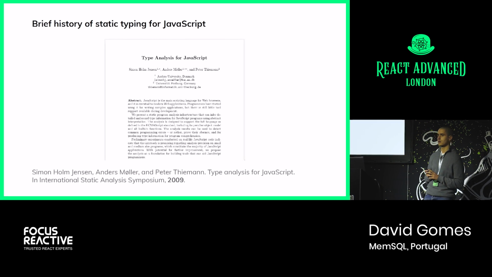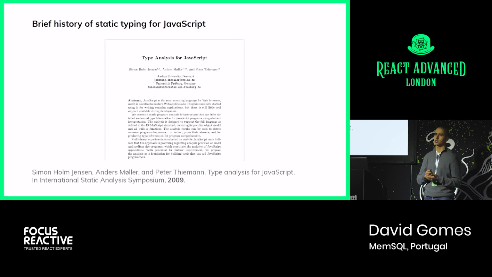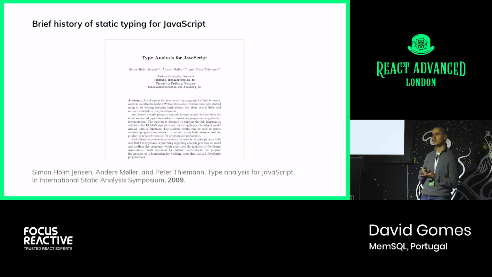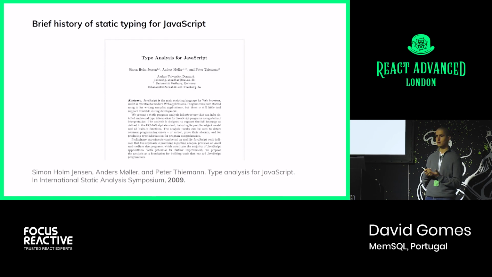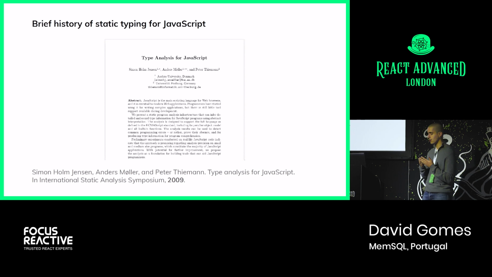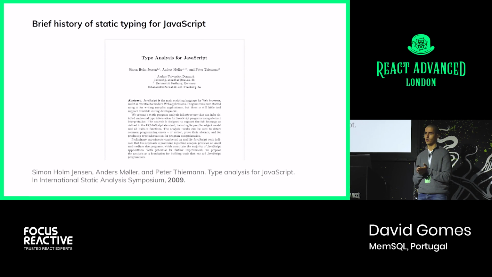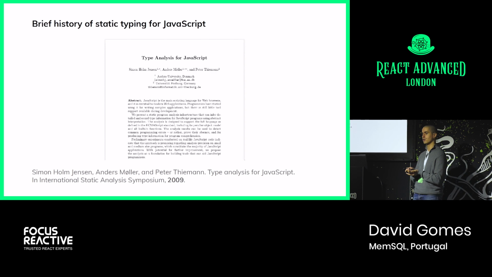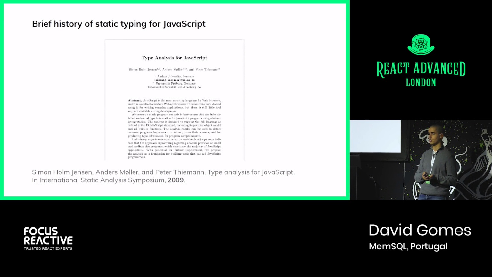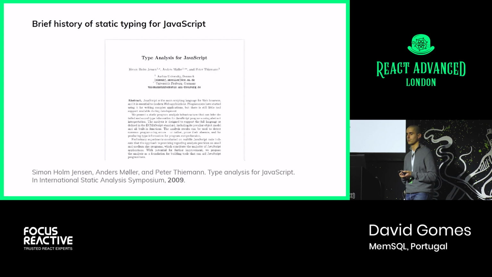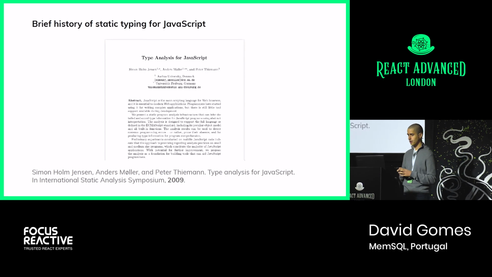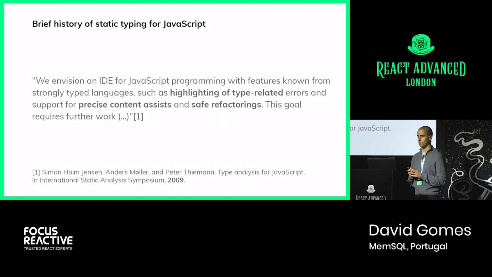And what it does is flag suspicious type conversions and certain types of type errors in your JavaScript, based only on type inference. So TAJS doesn't require any annotations. It just infers the types of your expressions, and then finds type errors in all of your code. But we weren't there yet.